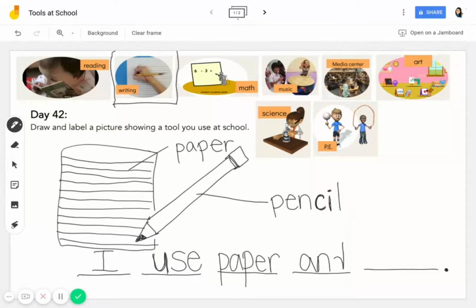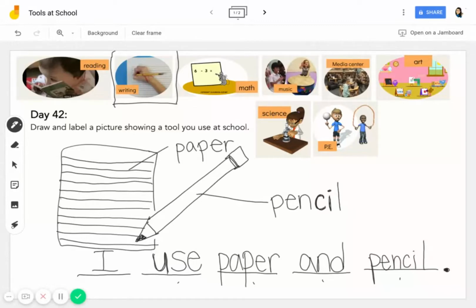And. I use paper and pencil. Let me reread it. I use paper and pencil. And I put a period to show the end of my sentence.